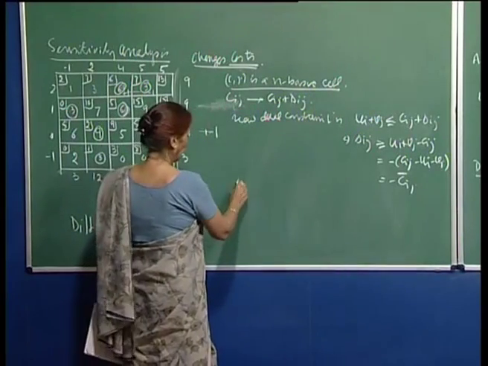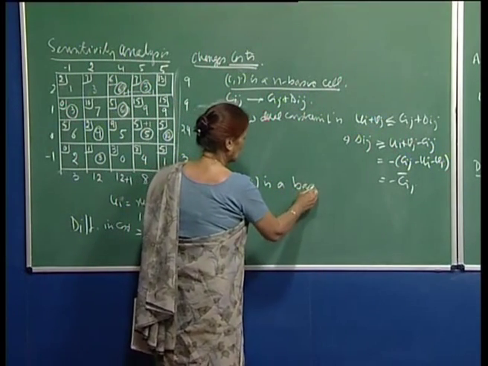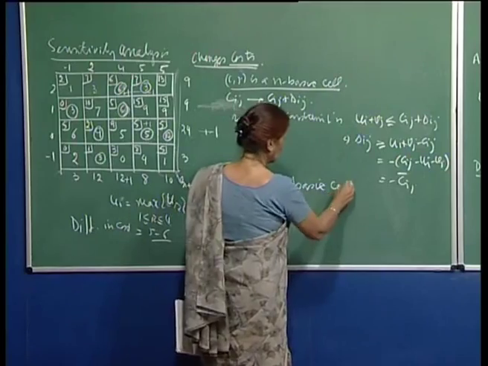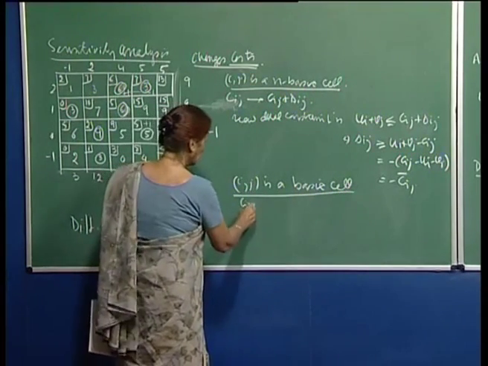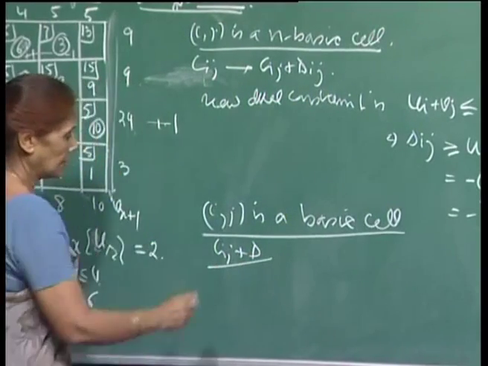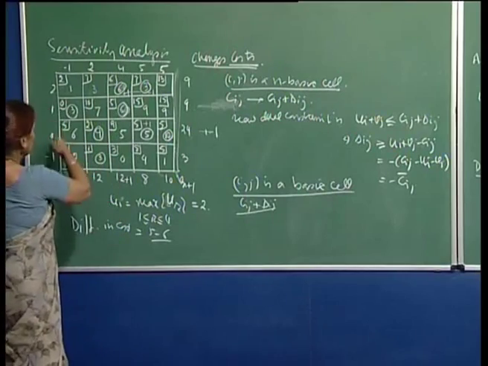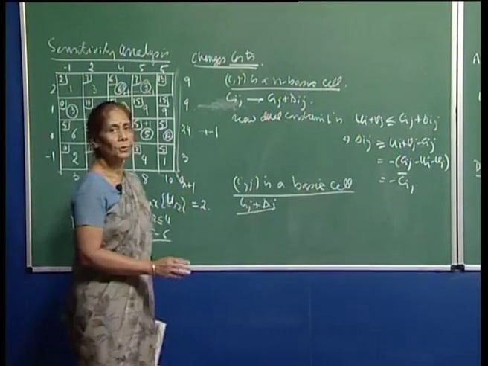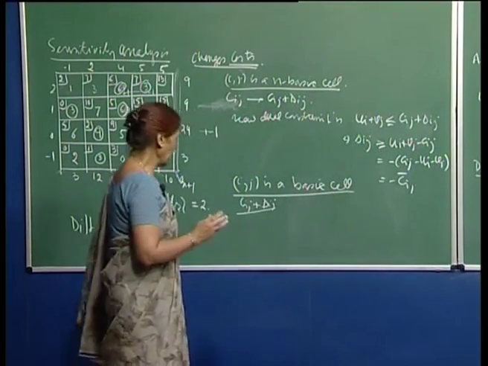Now, suppose ij is a basic cell. If it is a basic cell and your cij increases by delta ij, then your ui's and vj's will also change, and so you will get an interval for delta ij.